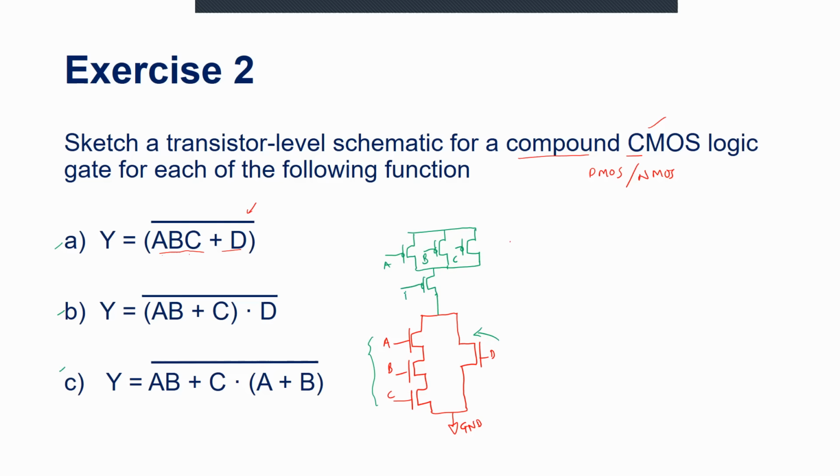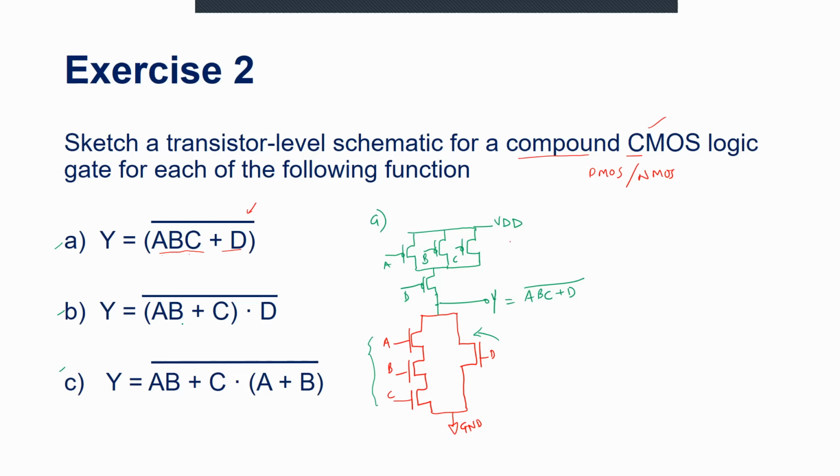And here you have output Y, which is going to give you the function A, B, C, or D, and its complementary output. Here you have logic VDD or logic high. We can verify the operation of this network by applying the corresponding combination of inputs. So that's the solution to exercise number 2, part A.